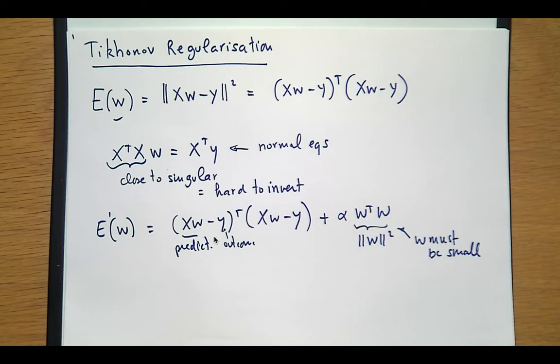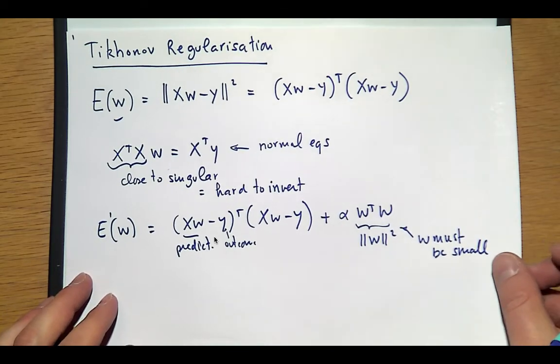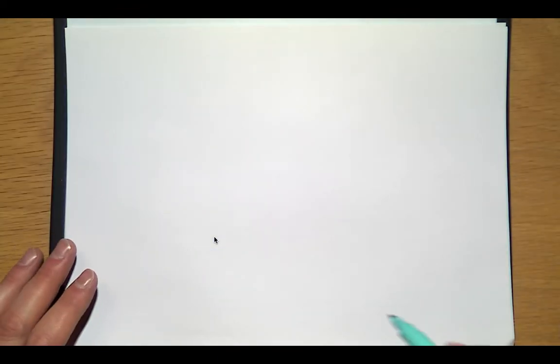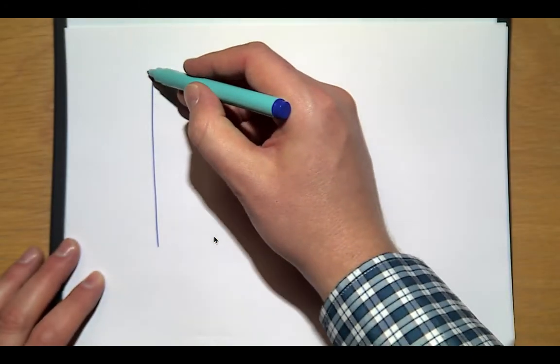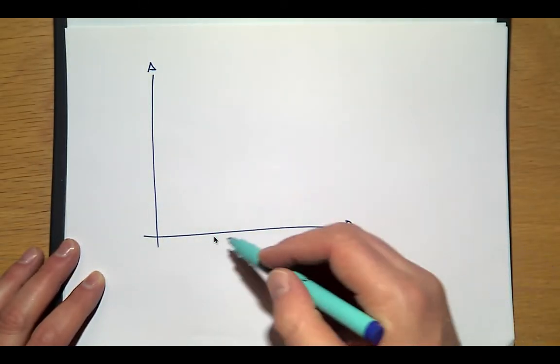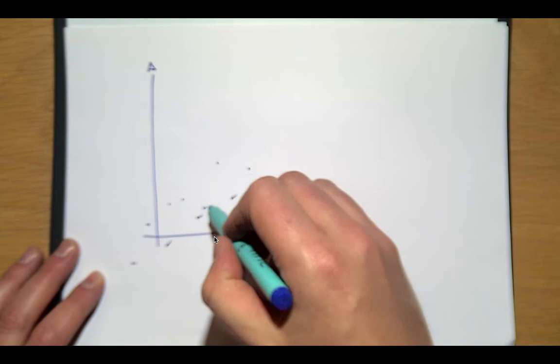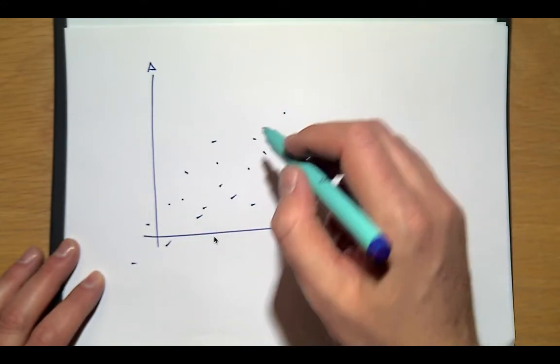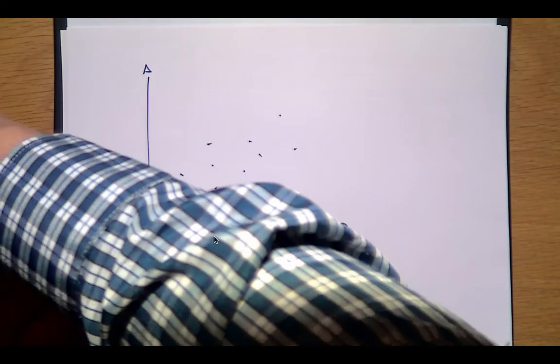Another way of looking at why this is interesting is because of this extrapolation problem. Let's say you have your data, and you want to fit a line.